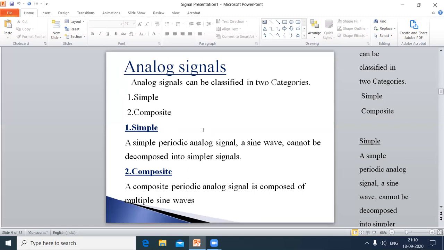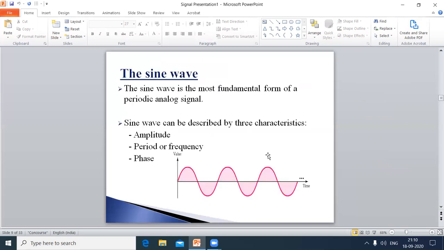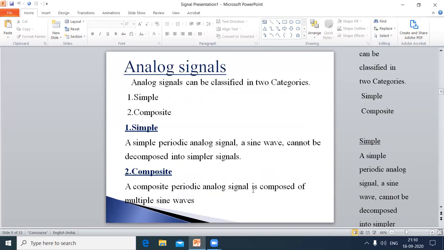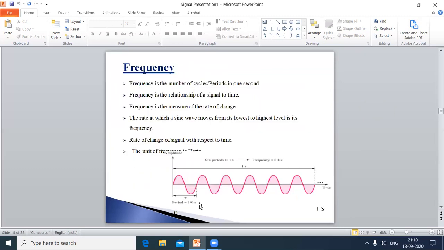That means the curve cannot be decomposed. Example, this sine wave is the same size, curve up down, same size. But a composite signal is composed of multiple sine waves. You have multiple sine waves.